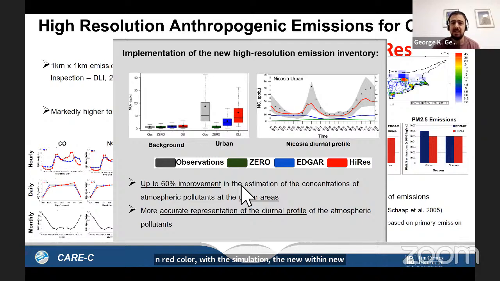The major differences are observed at the urban sites, which was expected, and there is up to 60% improvement in the estimation of the concentrations of atmospheric pollutants in urban areas. Here is the diurnal profile of the NOx concentrations, and there is a more accurate representation of the diurnal profile of the atmospheric pollutants.